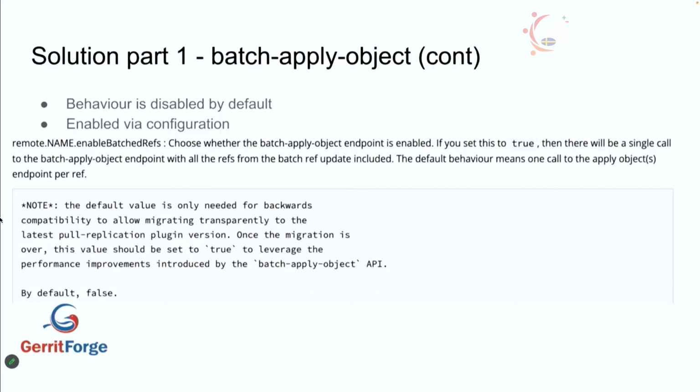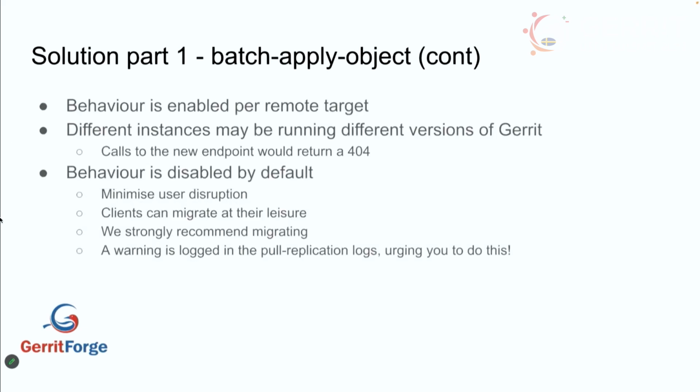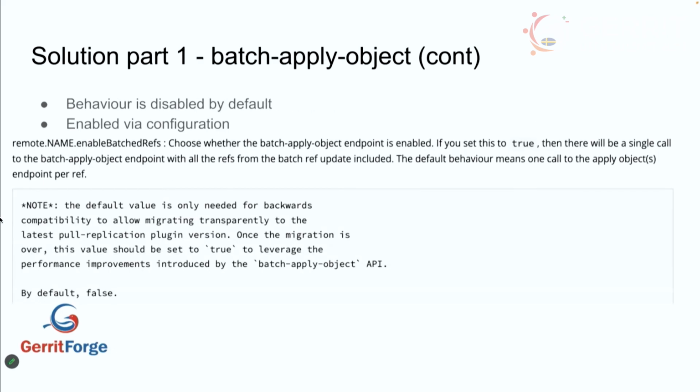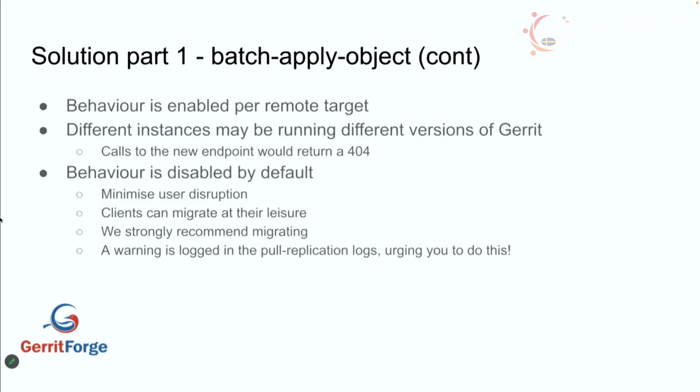Now, this behavior is disabled by default, and it can be enabled by configuration in the pull replication config. The setting is called enabled batch refs, and it's under the remote namespace. There are a couple of things worth mentioning here. The first one is that the behavior is enabled per remote target.